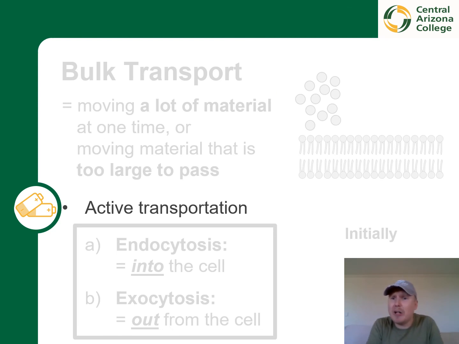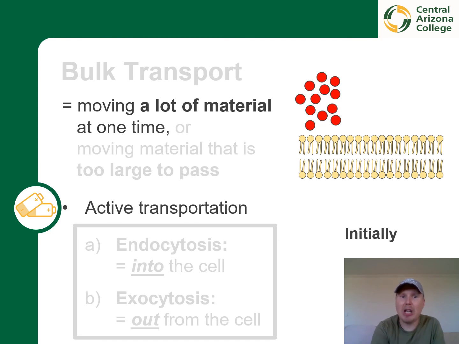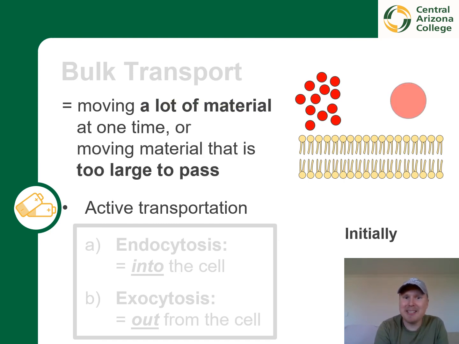Well, the final concept for this video will be one more example of active transport. In fact, it uses a lot of energy. And now we have a situation where we either have a lot of material or material is so big that it cannot physically go through the plasma membrane or proteins.